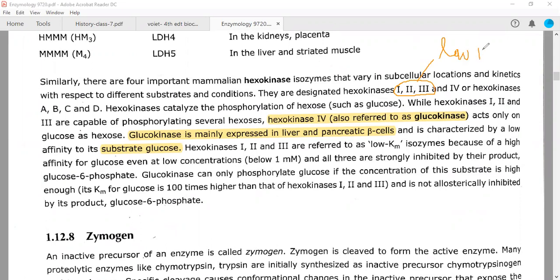I will write very roughly because it is hard to write using this touch screen. So they are having low Km, whereas the fourth one is having a high Km. So these are called low Km.